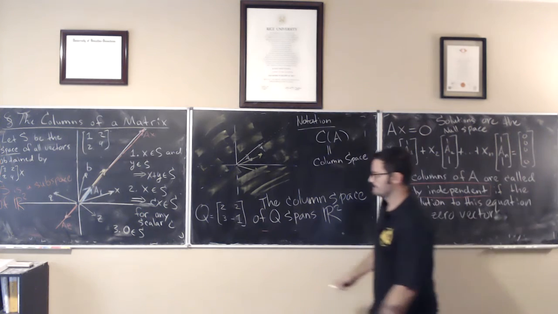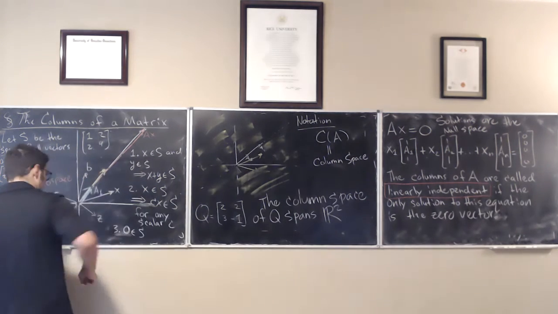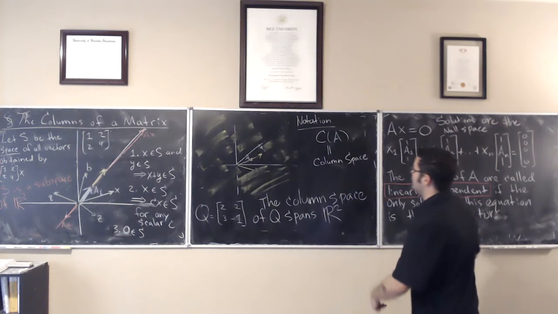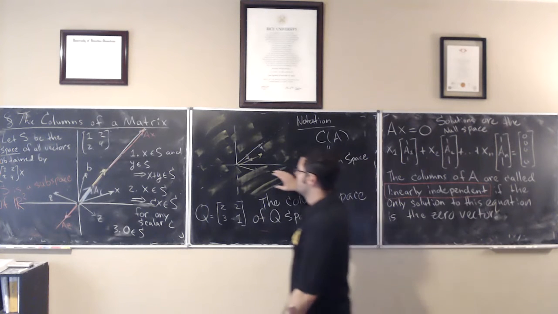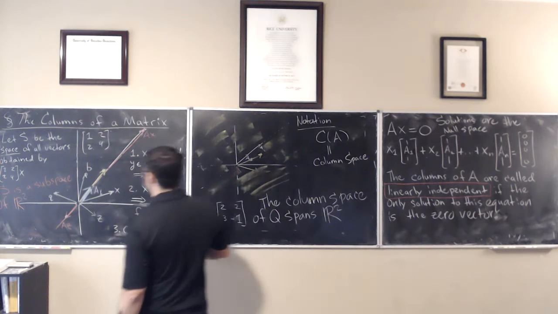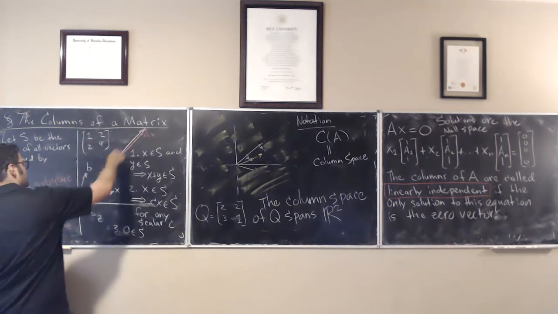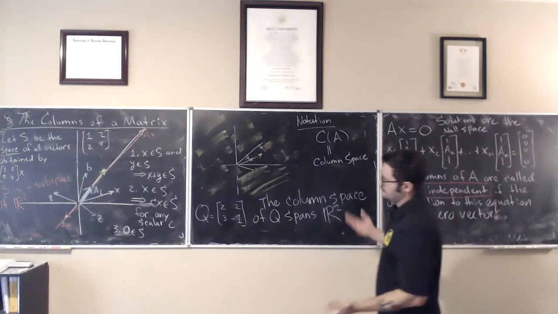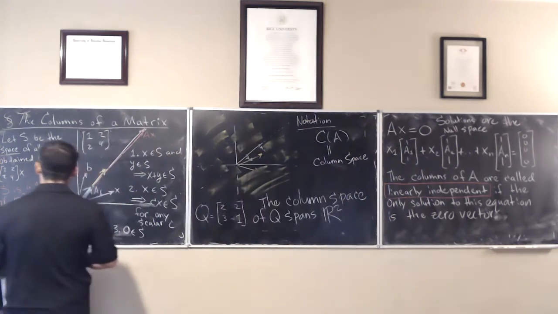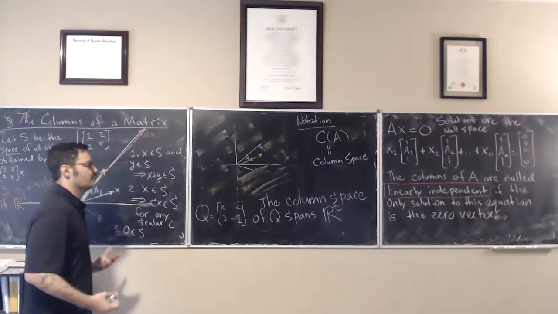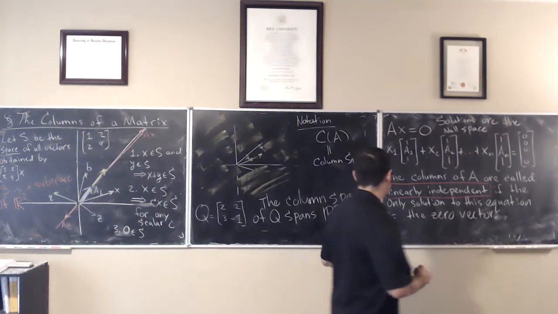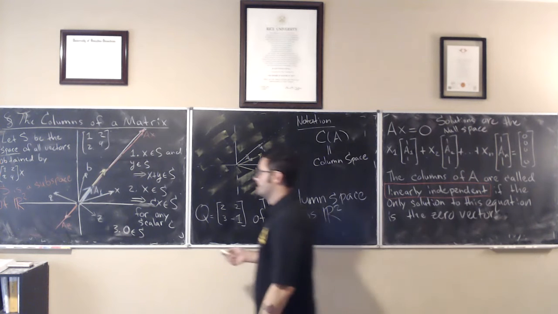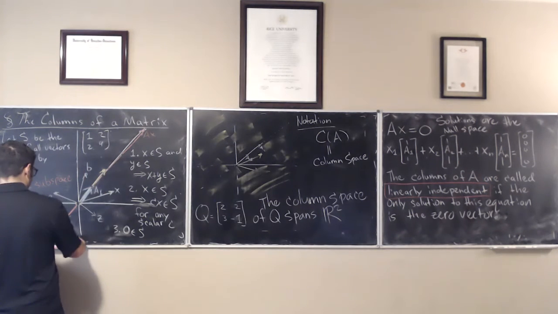Okay. So they're both vector spaces. They're spaces of vectors that contain the 0 vector. The column space of this matrix happens to be everything. The column space of this matrix happens to be just the line. To introduce terminology to make things simpler, we'll say the rank of the matrix, and we'll get to that definition shortly.